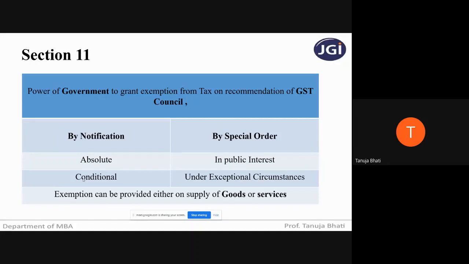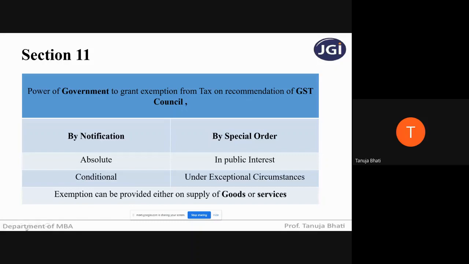So any hotel or any guest house, any club which is providing lodging facilities and the tariff per day is less than 1,000 rupees, then they need not charge GST. If the tariff rate for that particular hotel room is more than 1,000 rupees, then GST will be applicable.